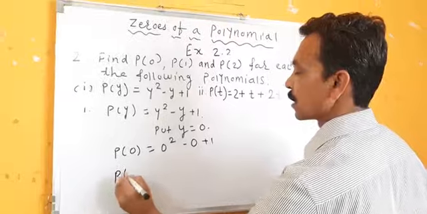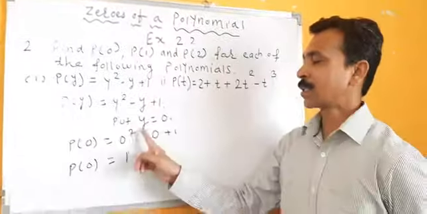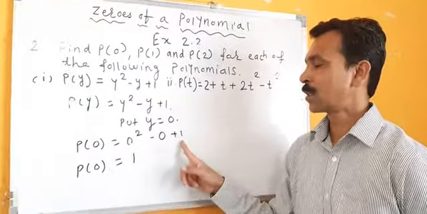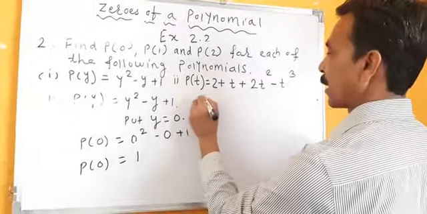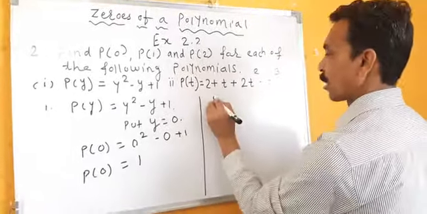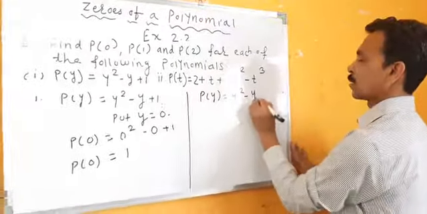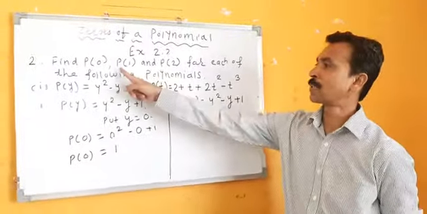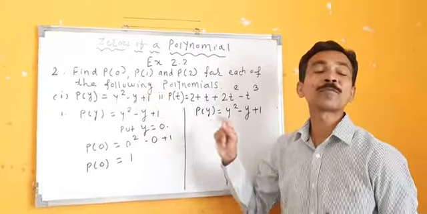So P of 0 is equal to 1, because 0 square is 0, 0 minus 0 is 0 only. What is left? Only 1. 1 is left. Now again I will write the same polynomial, P of y is equal to y square minus y plus 1. Now what is the value of P after 0? See, the value is 1.